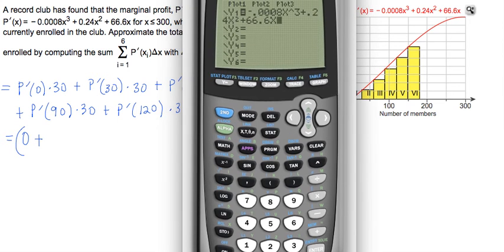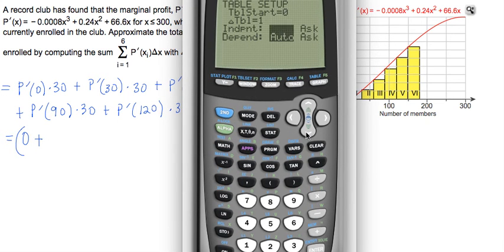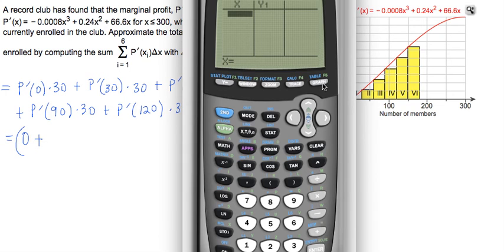There's my P prime, and I'm going to change the table set to ask right here so that I can enter the values in the table that I want. I want P prime of 30. We'll just go ahead and enter them all: 60, 90, 120, and 150.